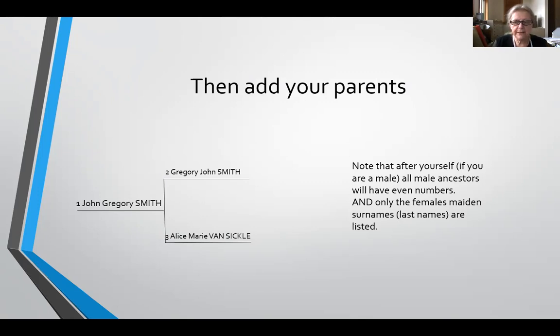Use the females' surnames, their maiden surnames, that is. If you don't know them, I would suggest you leave it blank until you do know them. And maybe a future YouTube video will be on that very subject. You never know what I might come up with.